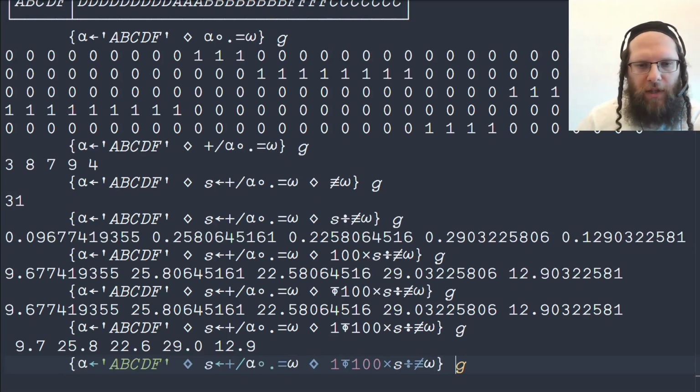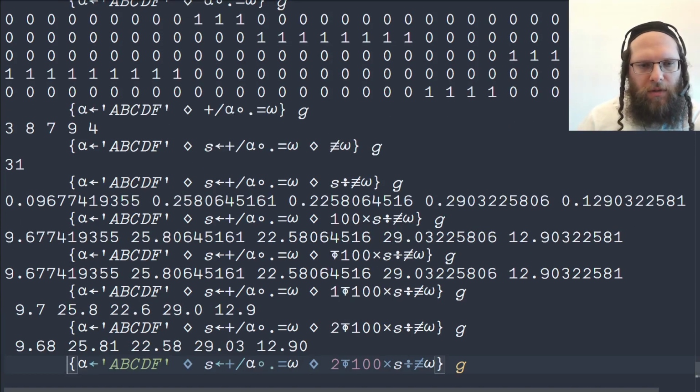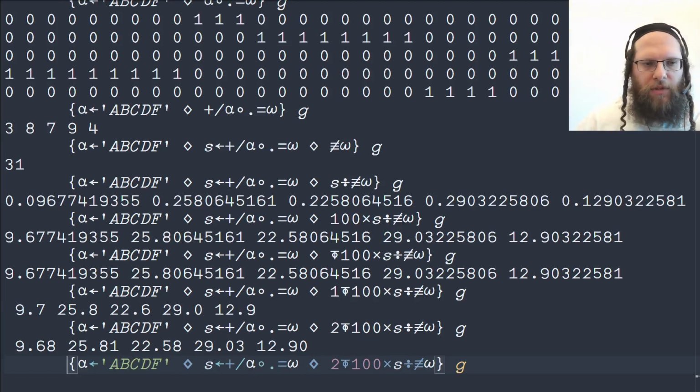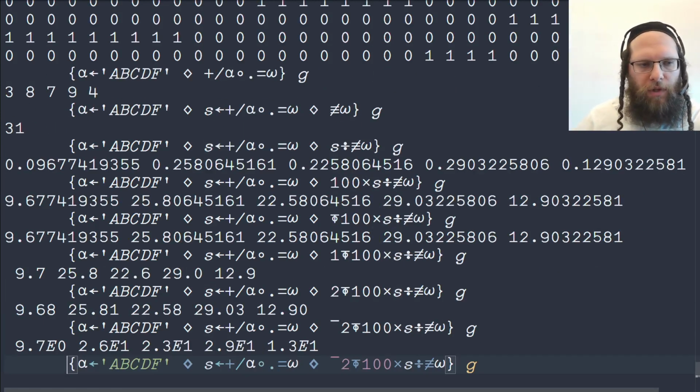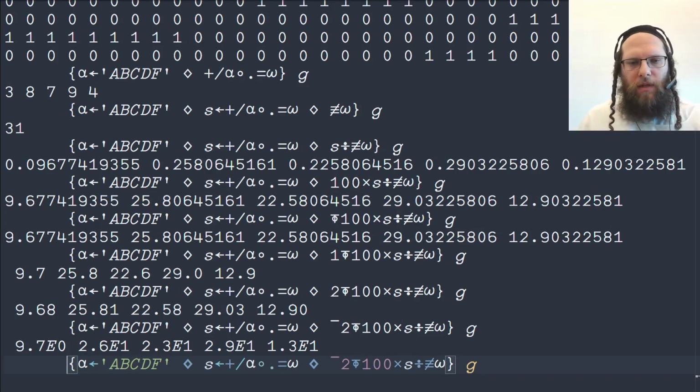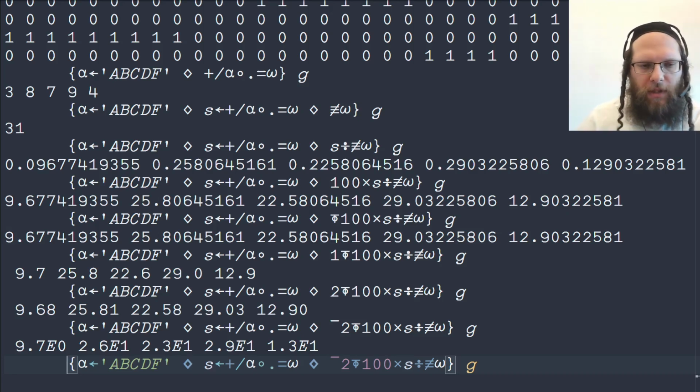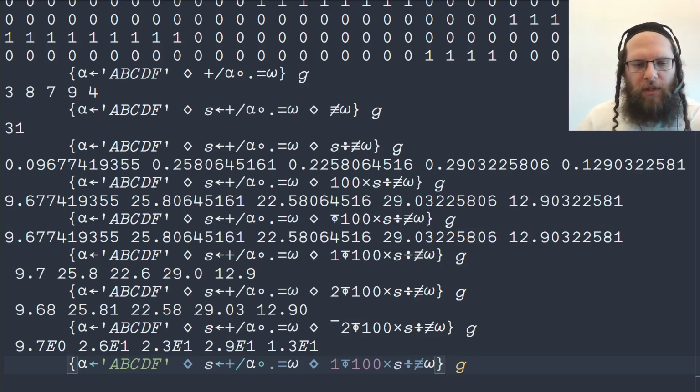We can try that for a moment. So if we say we want 2 decimals, we can see that we get 9.68 but 25.81. If you do -2, then we get a scaled format so that we can indicate the precision exactly, and we say we get exactly 2. But for now, we just need a single decimal.